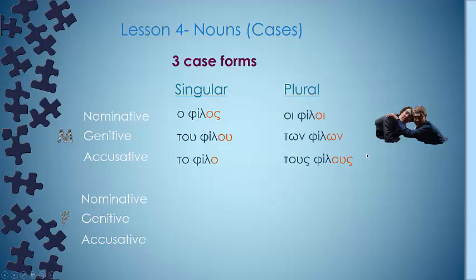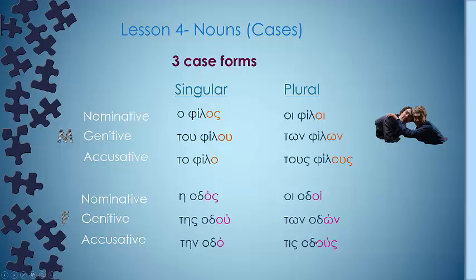Female nouns have the same endings as well. Η οδός, which means the road, actually the way, της οδού, την οδό. And οι οδοί, των οδών, τις οδούς. As you can see here, the endings are the same, just the articles change because we have a male and a female noun. They're different.